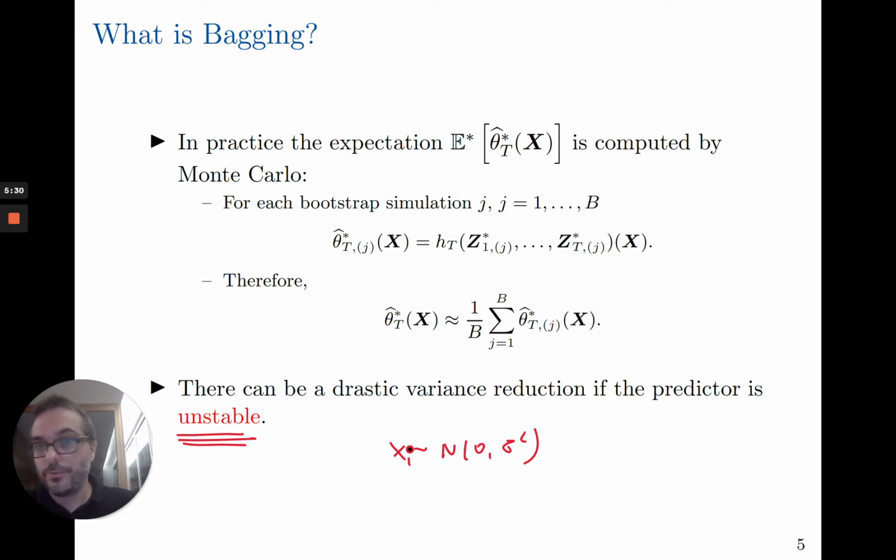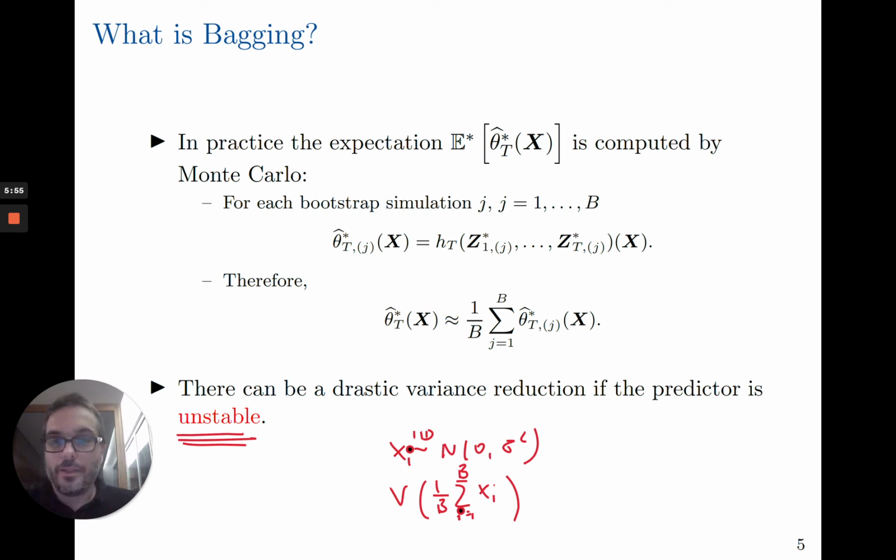Question for you: what's the variance of 1 over B times the sum of the X_i, assuming that the X_i are all IID?